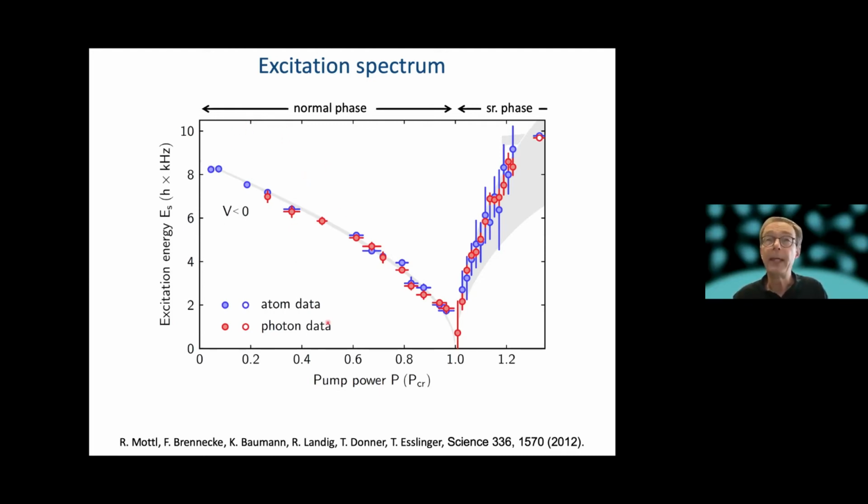Where you hit the resonance, with either the atom data or the photon data, we make these data points. And then as we increase the pump power, we see a soft mode coming down in energy, and it comes down to 500 hertz. That was the minimum that we could see. And then beyond the critical point, it goes up in energy again.